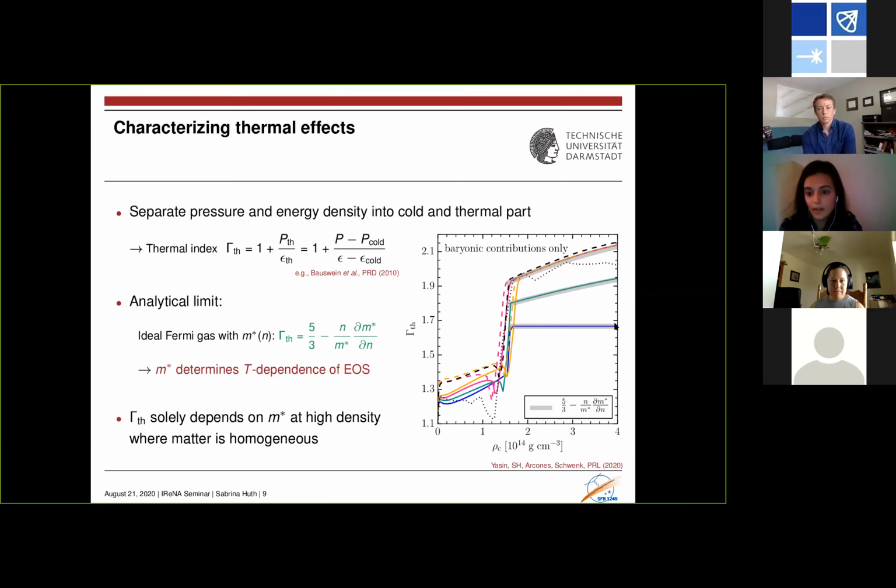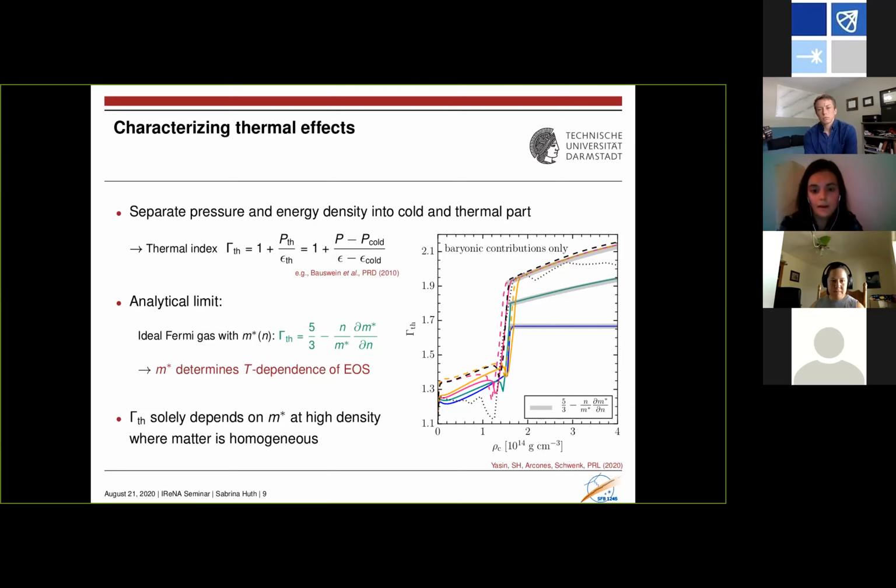This blue line is just the Latimer-Swesty EOS. Then this green line here is our model m star 0.8. And on top of that, you have all EOS that use the effective mass of the Shen EOS. So here you also have the models with different symmetry energy and incompressibility and so on, but they all end up with the same thermal index.